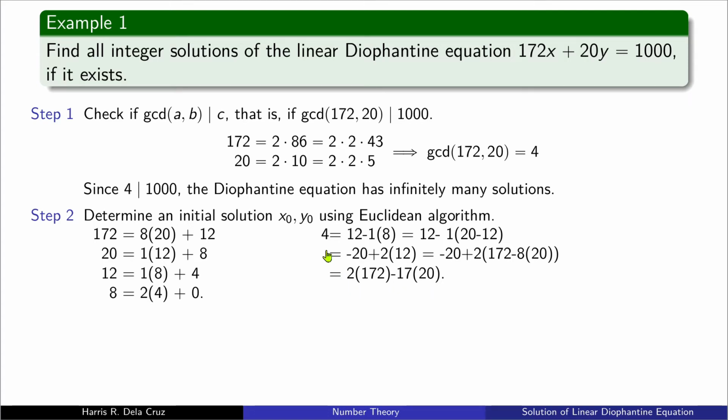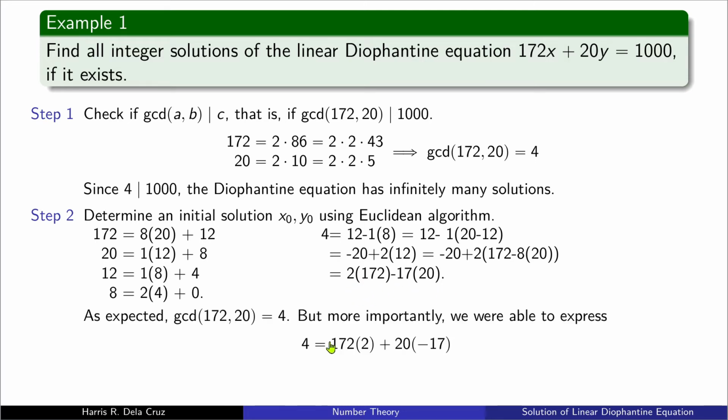So now we have expressed the GCD as a linear combination of 172 and 20. We have 4 is equal to 172 times 2 plus 20 times negative 17. So how do we achieve the original equation, 172x plus 20y equals 1000? Note that 4 actually divides 1000. So what do we need to multiply to 4 so that we get 1000? That's 250.